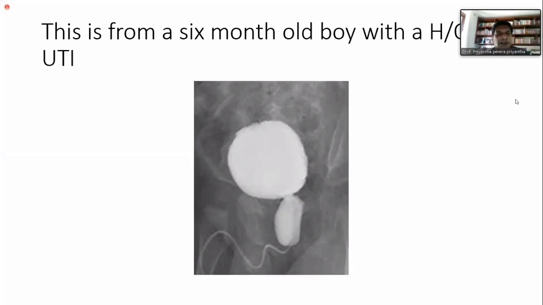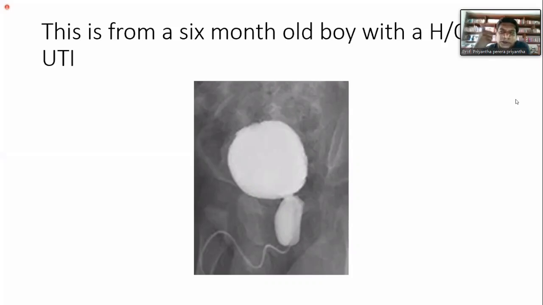So how many X-rays do you take routinely in an MCUG? Have you seen them? Minimum 3, but you can take 4.